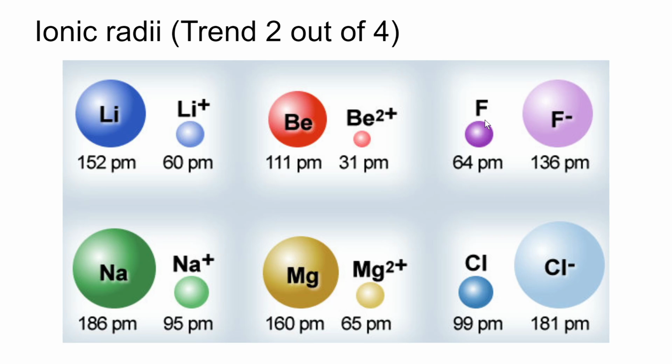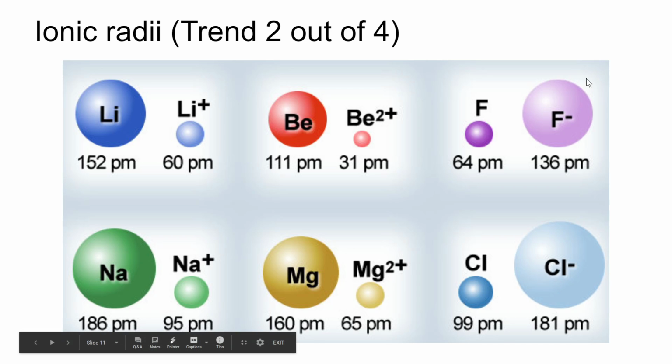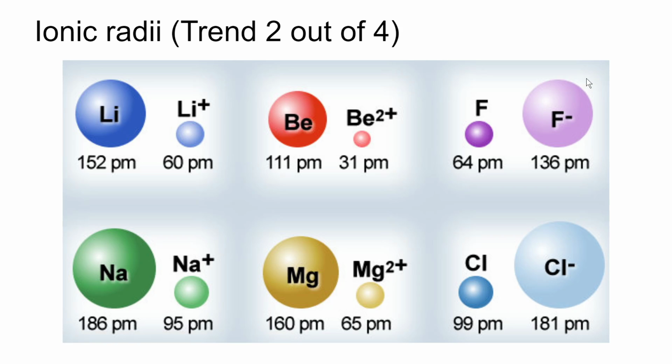What about here? When fluorine gains an electron, we're not gaining an electron shell, because this has got 7 electrons in its valence shell, same with chlorine. This is going to 8 electrons, so what's happening here? Well, electrons repel each other.